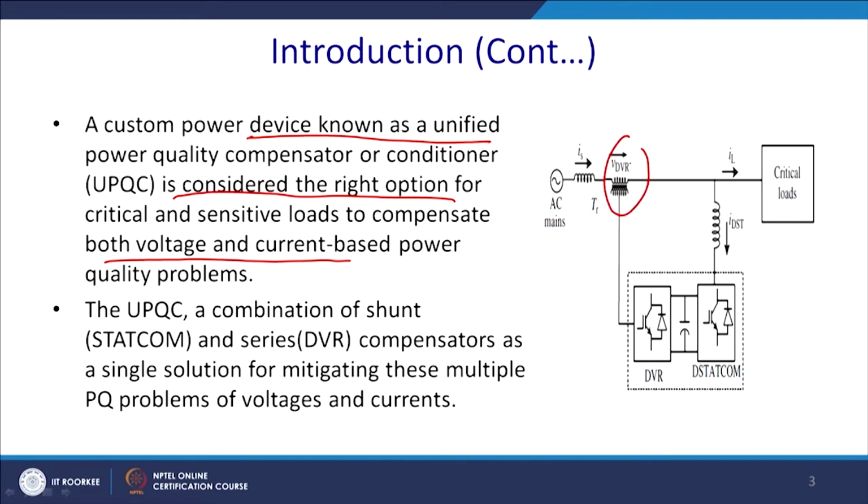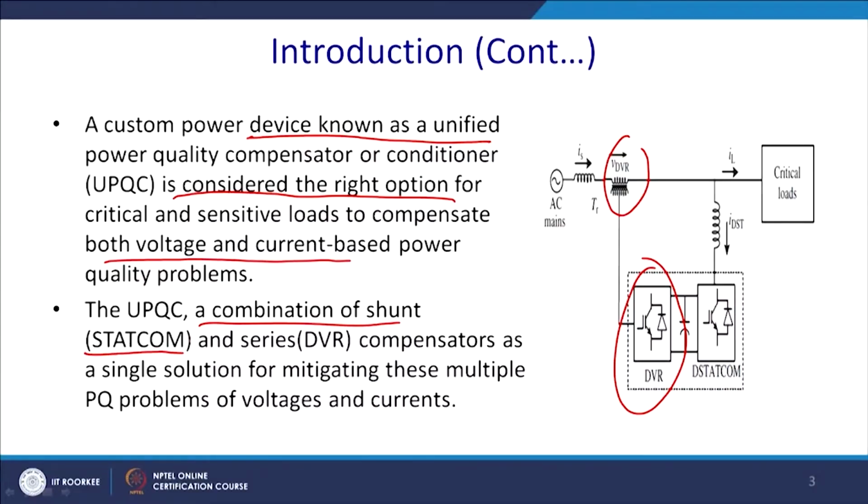Ultimately this is basically a series DVR, which is essentially a series compensator, and we also have a D-STATCOM that will compensate the current, that is a shunt compensation. So, it is a combination of series and shunt, and thus it inherits the advantages of both.